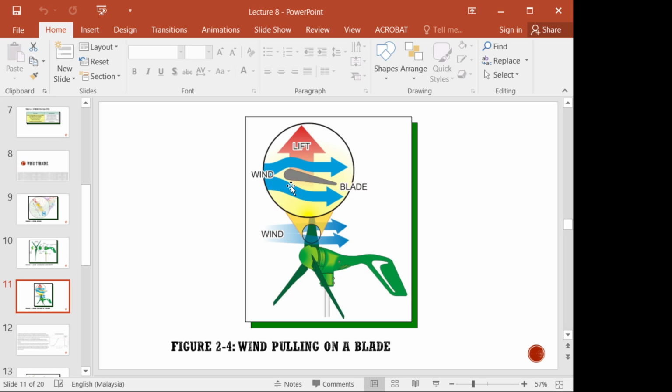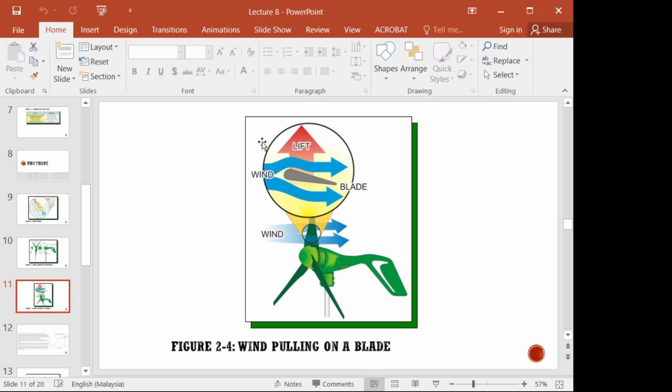And we know that as the wind blows faster, the pressure at the upper side of the blade is lower and the pressure below the blade is higher, so that creates lift of the blade.